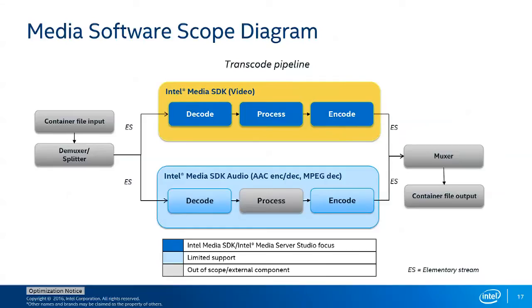That's all external to Media SDK. Media SDK has a laser focus on just the core of the pipeline, which is the video elementary stream processing. For the rest of the pipeline, you can use other frameworks. So FFmpeg and GStreamer are popular, but you can also integrate with your own infrastructure.